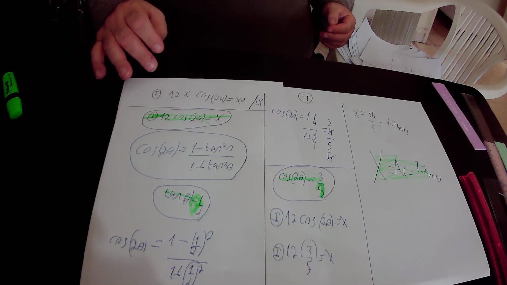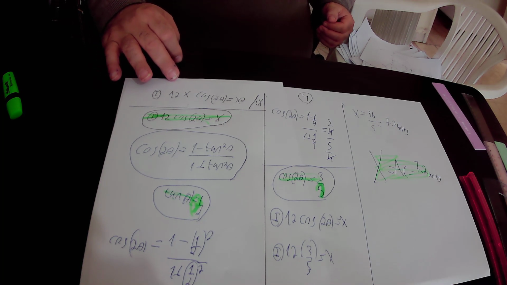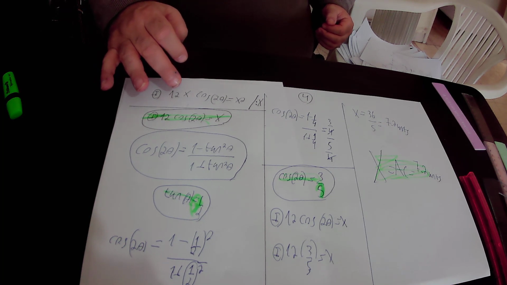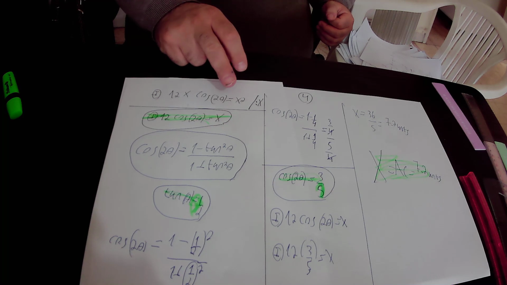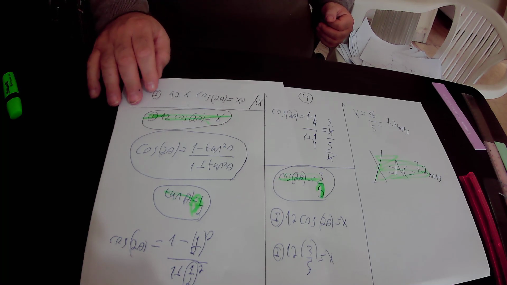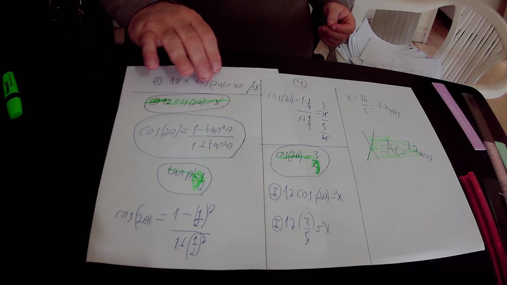We divided this equation by x, and we got 12 cosine 2 theta on this side, and x squared over x is x. So in conclusion, according to equation number 1, 12 times cosine 2 theta equals x.